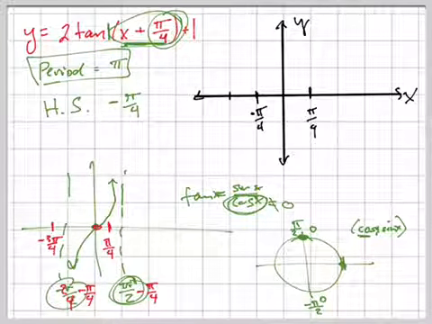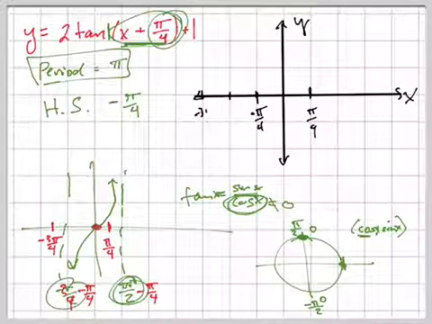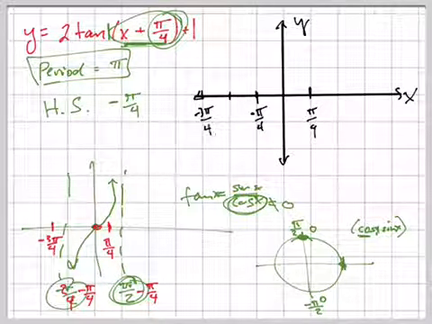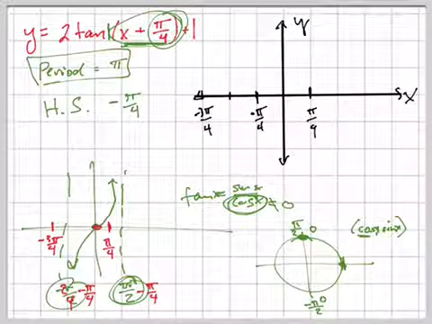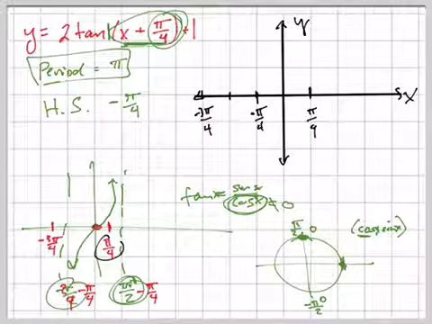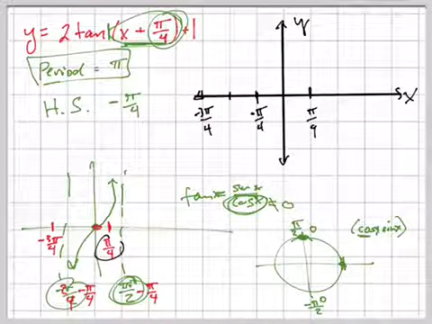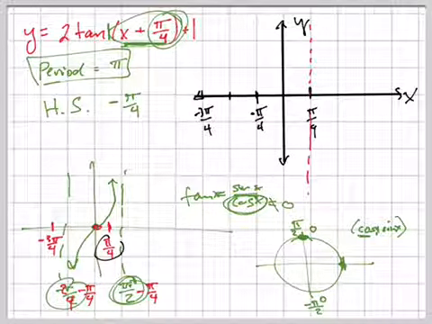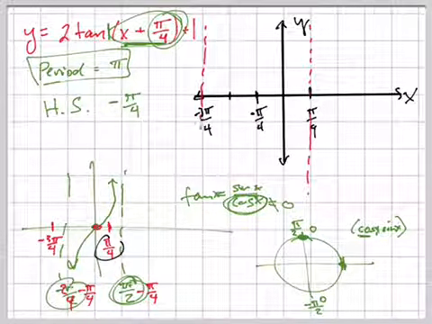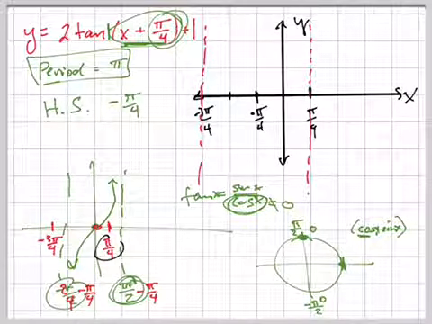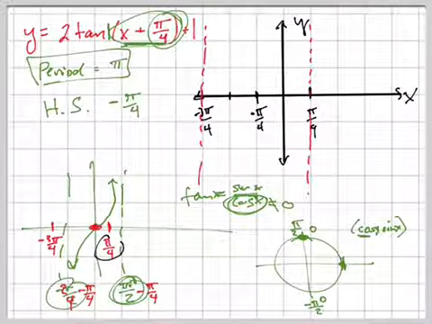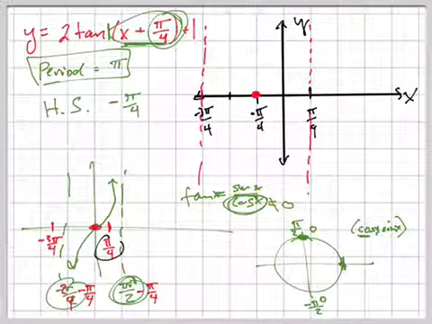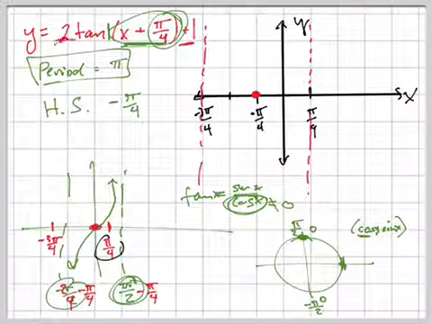So this is negative pi over 2, negative 3 pi over 4. My asymptotes are going to be at pi over 4, there's one asymptote, and 3 pi over 4. My 0 is going to be right in the middle, but I'm not going to put that there yet because I have some other shifting to do.